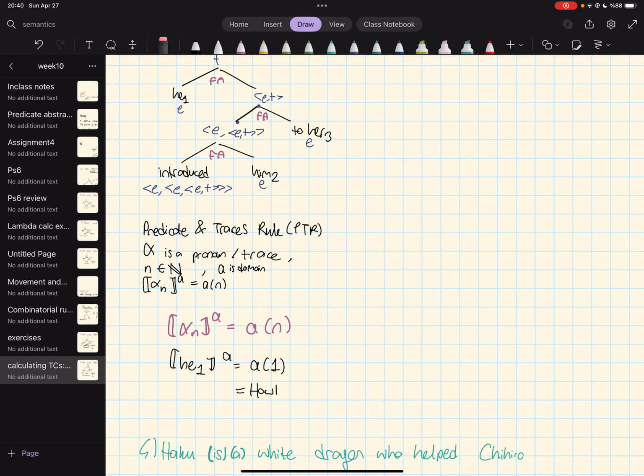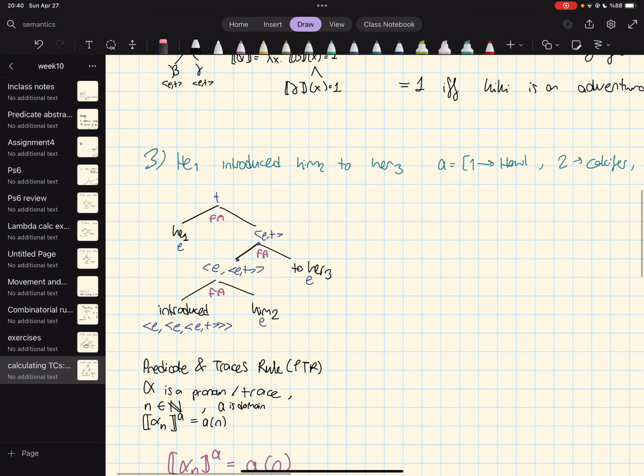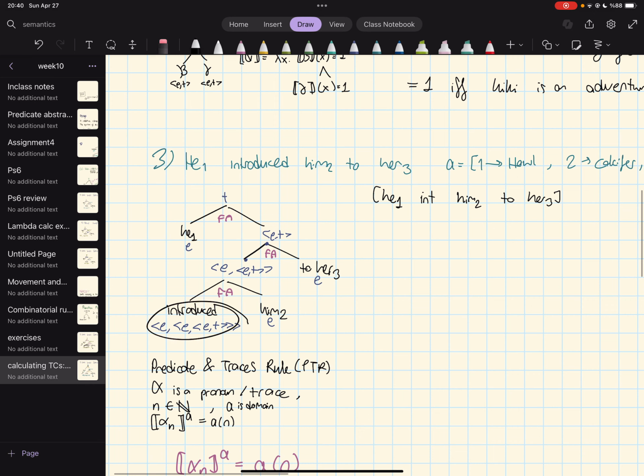It really is easy. Now, as always, I start off by writing my whole sentence. He one introduced him to her. The first thing that my predicate does is to connect with him, taking him as its argument.